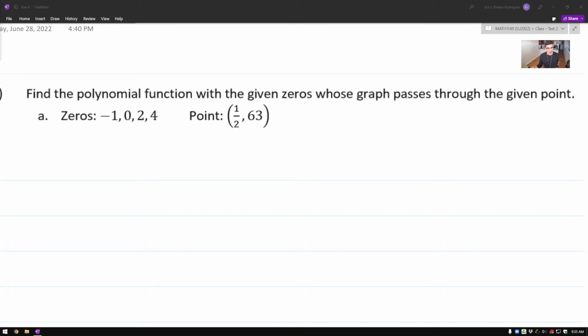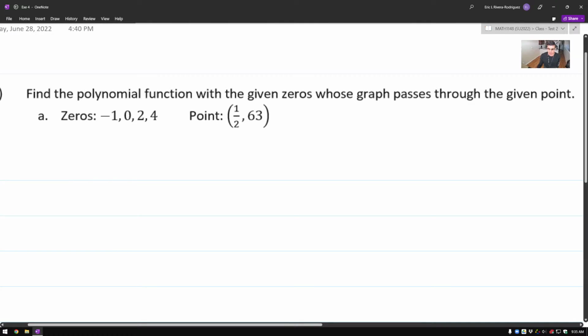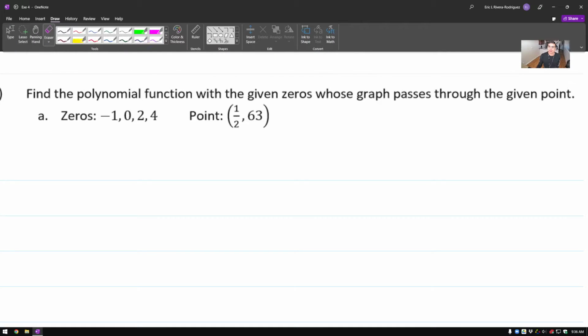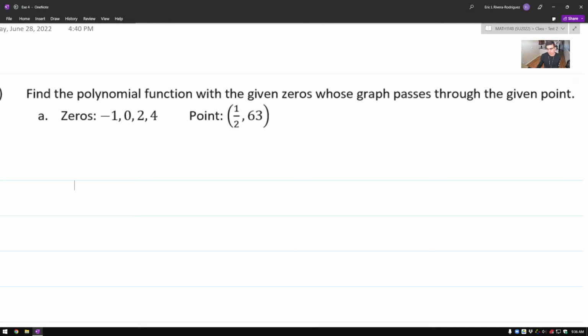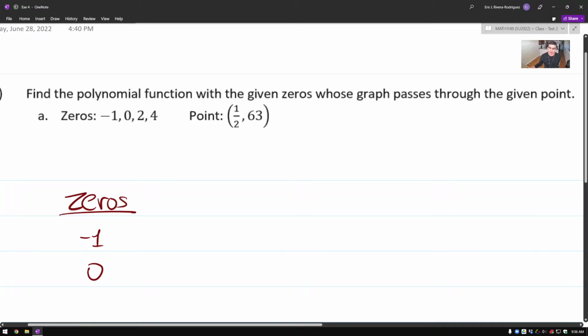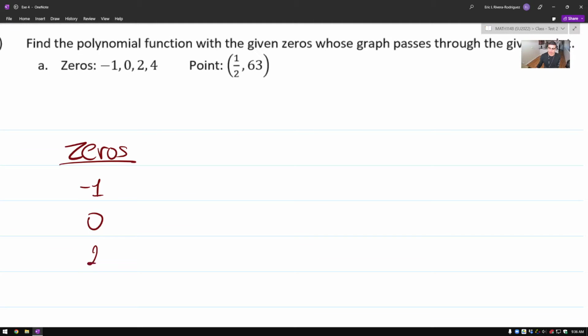Okay, so let's do one together. We need to find a polynomial function with given degree and zeros, right? So let's start with that. We have the zeros: negative 1, 0, 2, and 4.